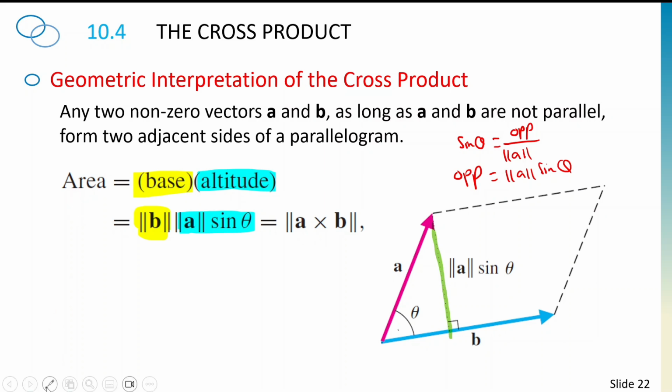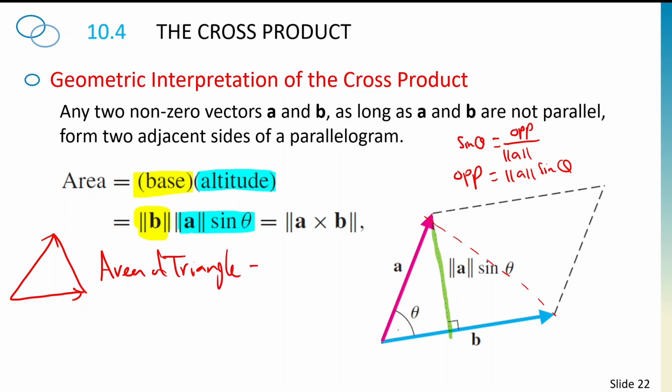Another application you'll usually see is the area of a triangle. If I have any triangle and I need to work with it using vectors, I'll have the same rule, but remember the triangle is basically half of this shape. So the rule for the area of a triangle should equal what?